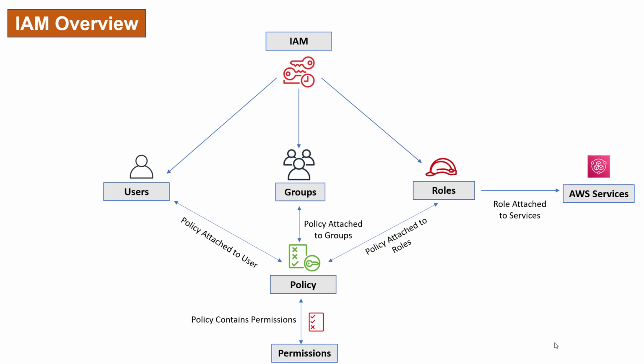You can attach policies to a user, to a group, and to a role. So those users, groups, and roles can access AWS services, and what permissions they have is defined by the policies.